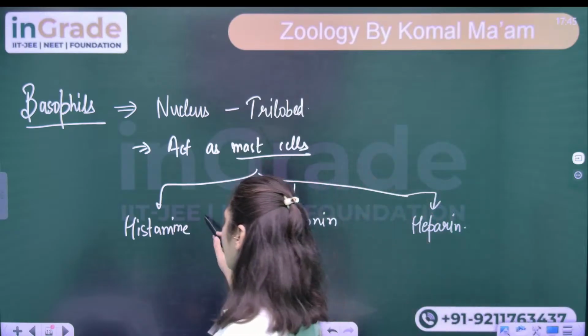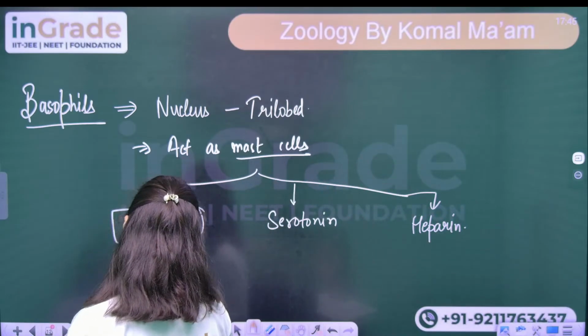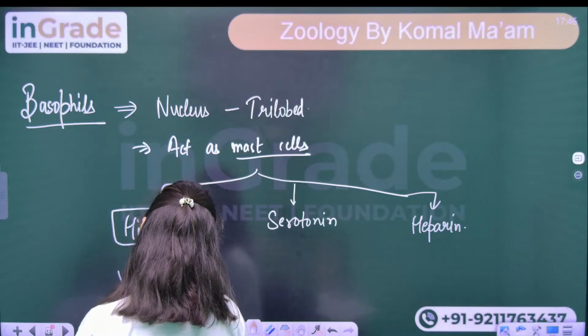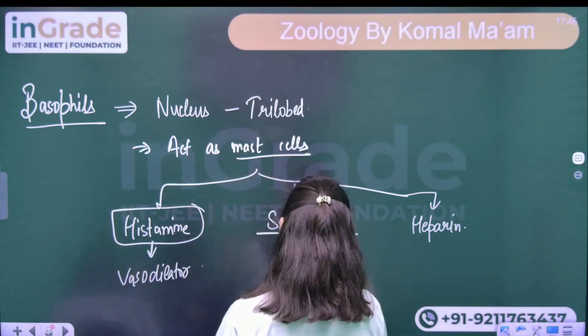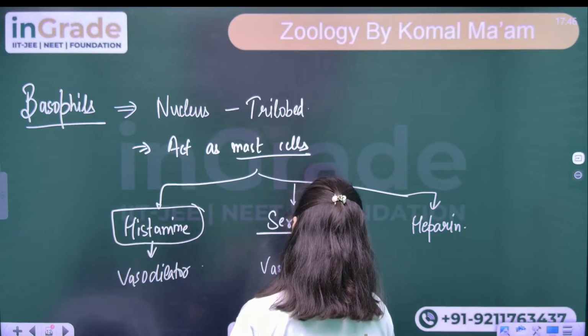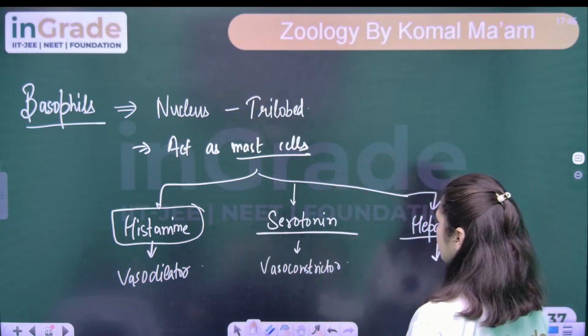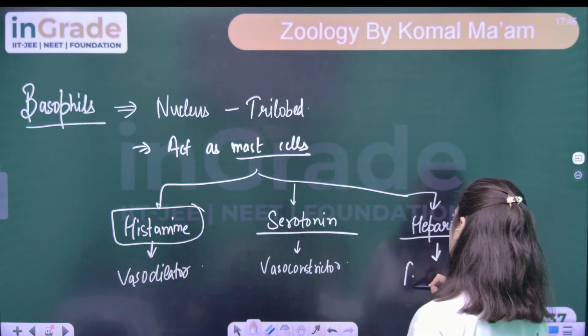Histamine is a vasodilator, serotonin is a vasoconstrictor, and heparin is an anticoagulant.